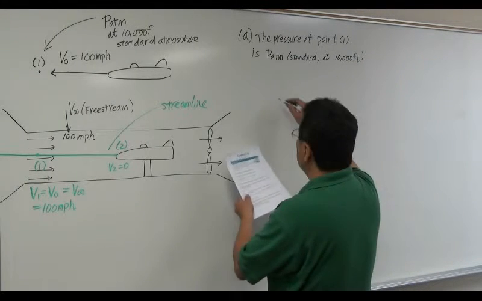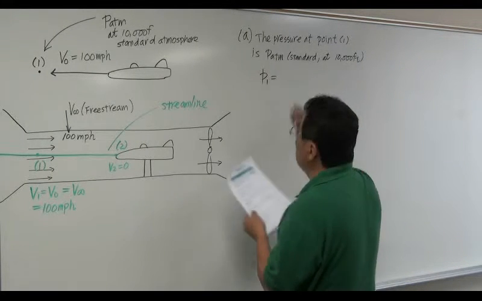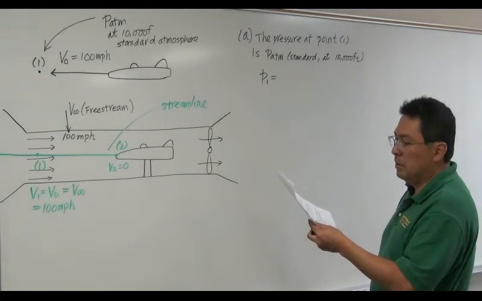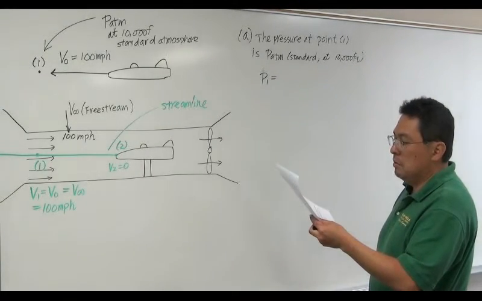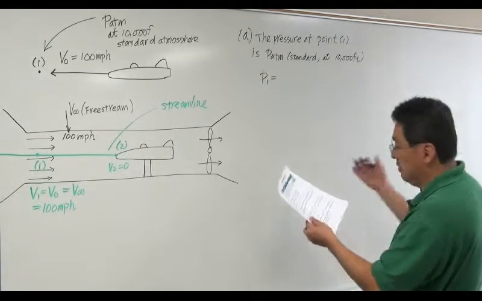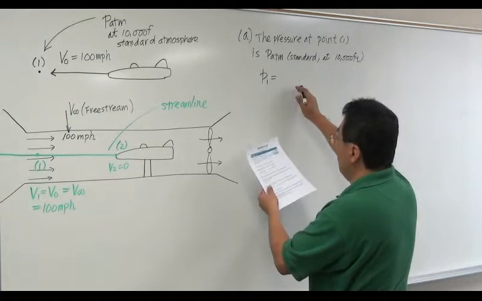So the answer is, you're going to take a look at the standard atmospheric property table, Table C1 in Appendix C. This is a handout, so you can take a look at the handout.